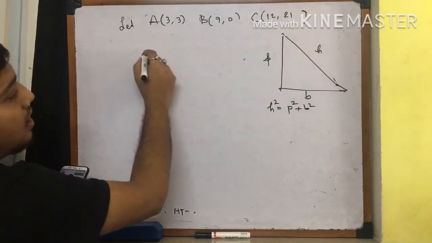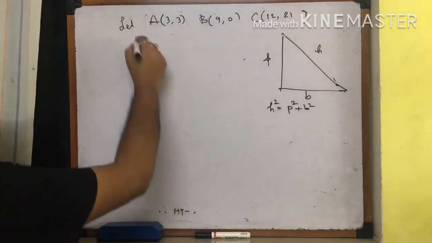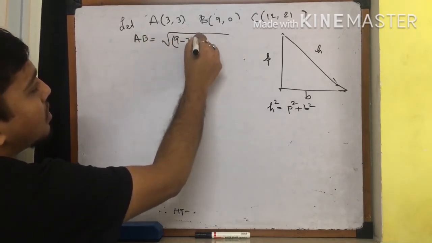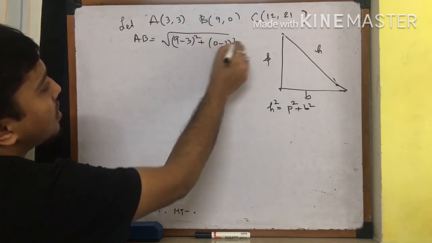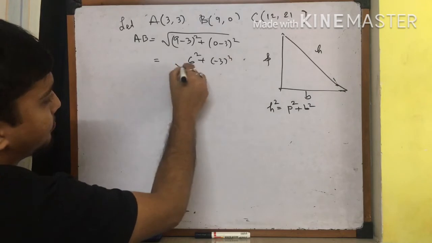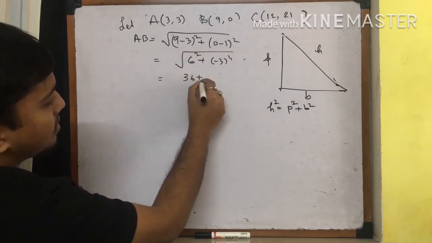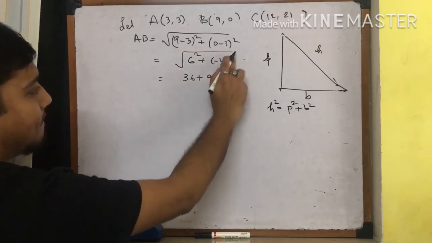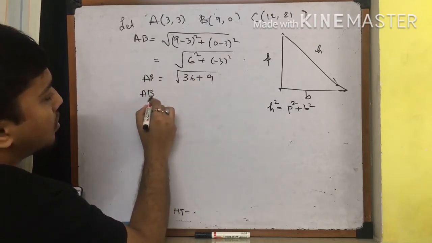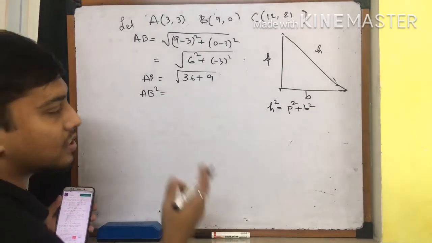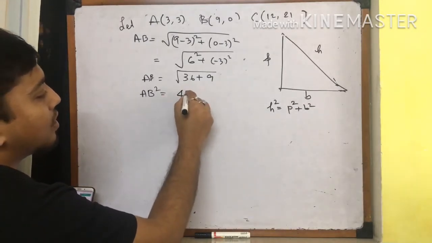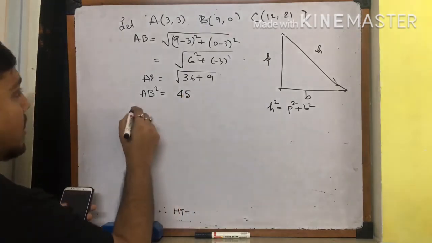So similarly, let AB be equal to (9 minus 3) square plus (0 minus 3) square, 6 square plus minus 3 square, that means 36 plus 9. We have to square AB because these are the hypotenuse square, base square and p square, so the value is 45.